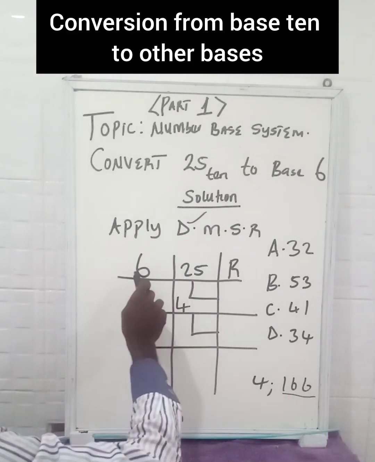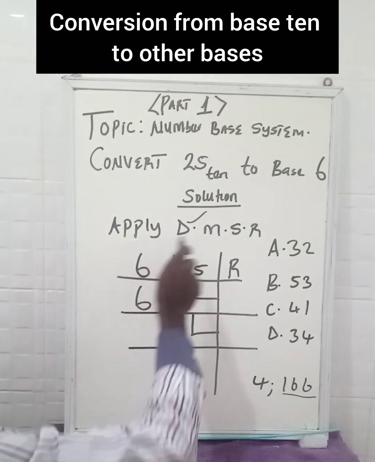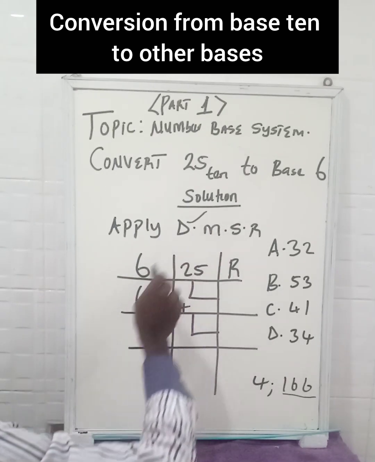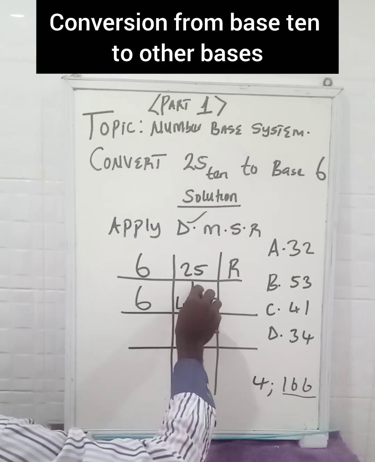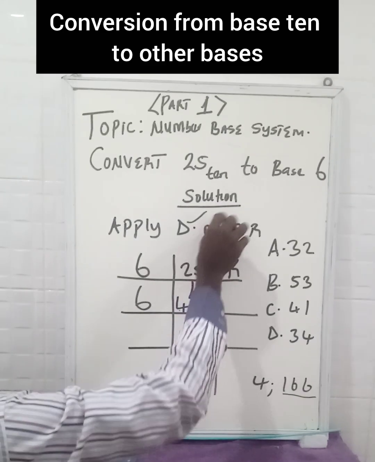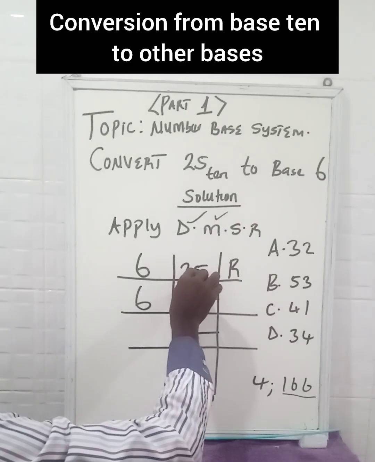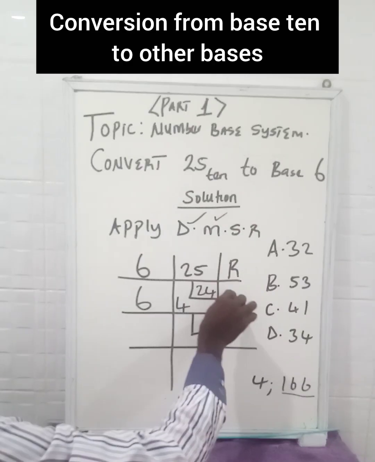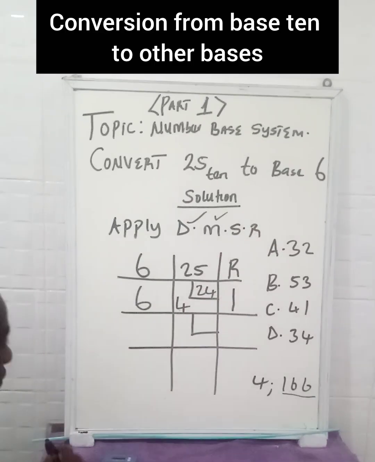By saying 25 divided by 6, I've already used D. This stands for division. The next is multiply, which is M. I'm going to say 6 times 4 will give me 24. I've already multiplied. The next, I'm going to subtract. I'll say 25 minus 24 will give me 1. So my remainder, which is record, is already 1.